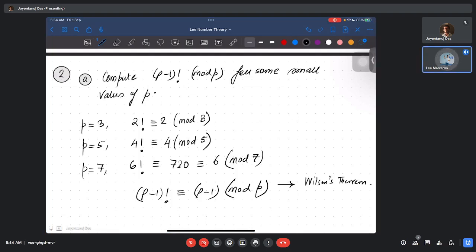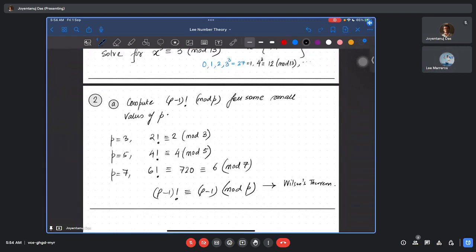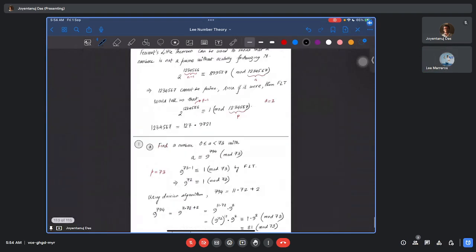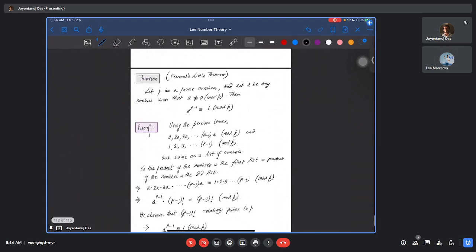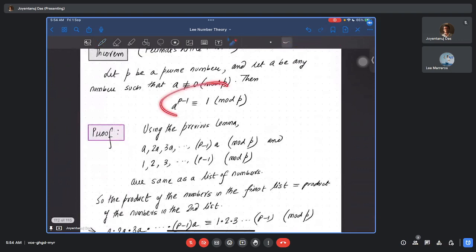Only the part where you said that we can use Fermat's little theorem to find out whether a number is prime or not. Yes, that is the converse part. Fermat's little theorem says that a to the power p minus 1 is congruent to 1 mod p for any a which is not congruent to 0 mod p.